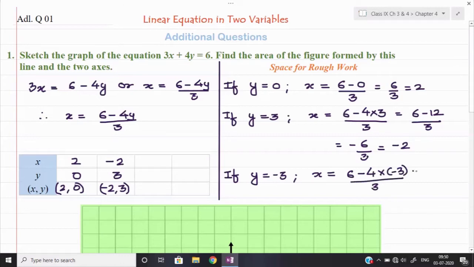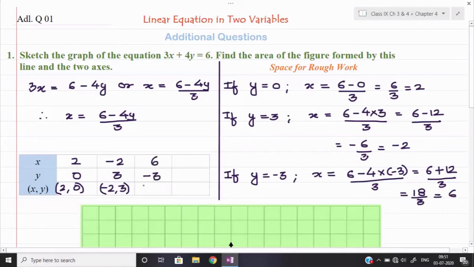Now minus minus becomes plus, so this is 6 plus 12 whole divided by 3, and 6 plus 12 is 18. So 18 divided by 3 becomes 6. So the value of x is 6 when the value of y is minus 3. My coordinate is 6 comma minus 3.